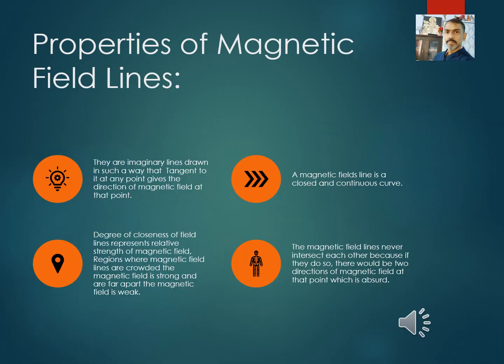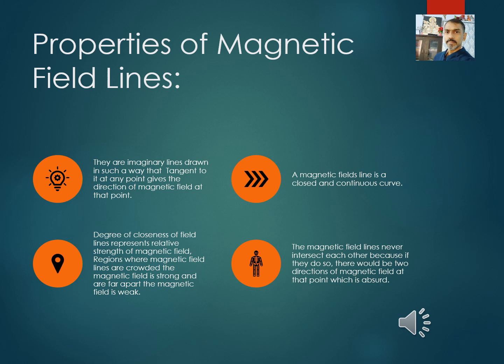They are imaginary lines, drawn in such a way that the tangent to it at any point gives the direction of magnetic field at that point. Magnetic field lines are directed from north pole to south pole outside the magnet. Inside the magnet, they are directed from south pole to north. Hence, a magnetic field line is a closed and continuous curve.